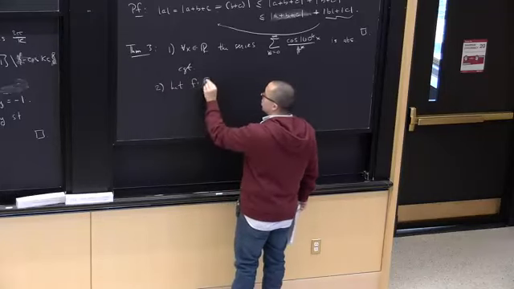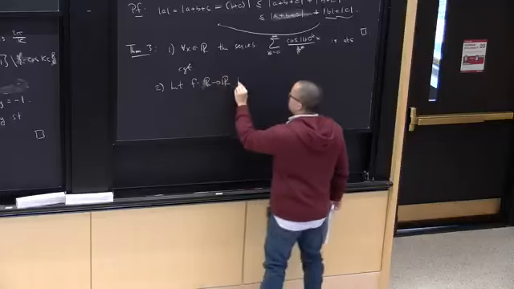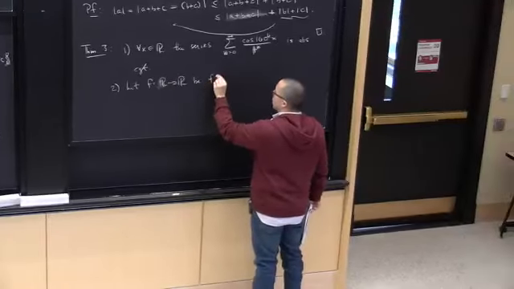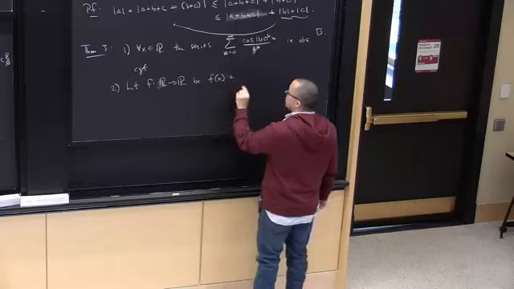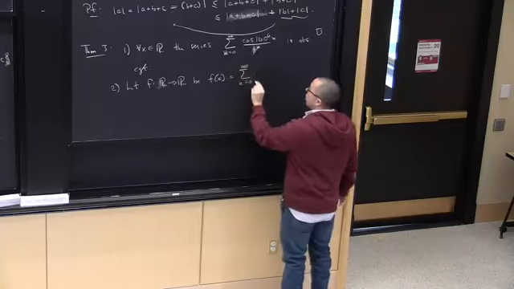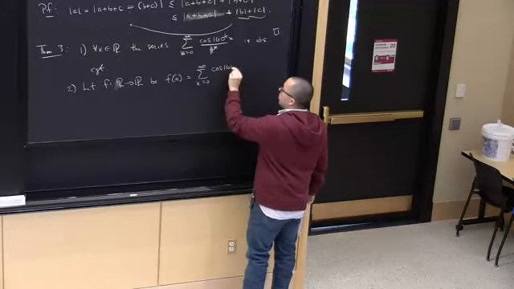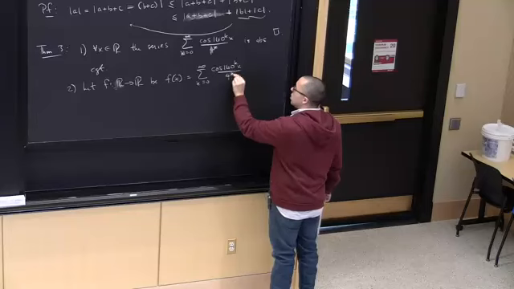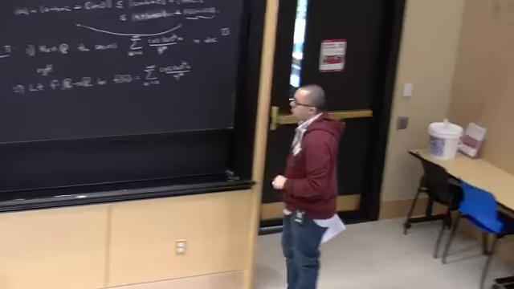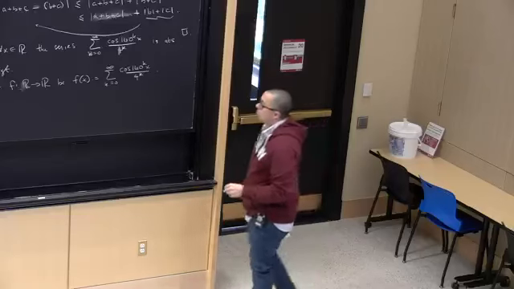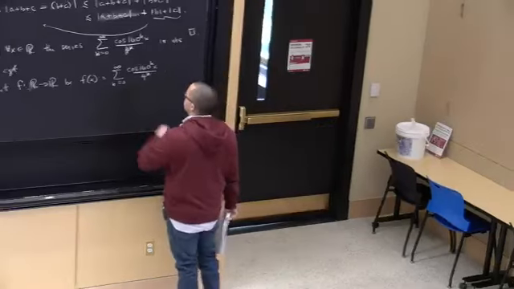So I can define a function in terms of this series. Let f from R to R be defined as follows: f of x is just the number that I get when I stick x into this series. Which is meaningful because for all x, this series converges absolutely.